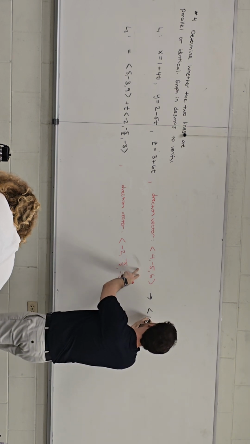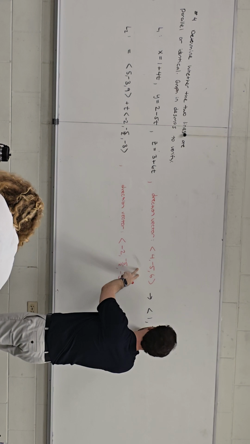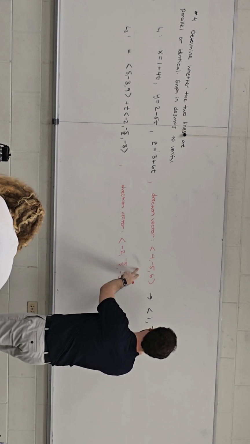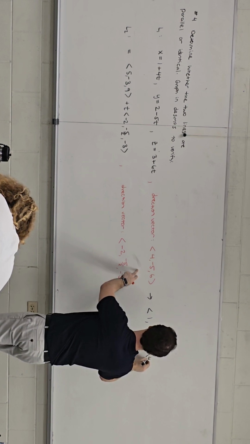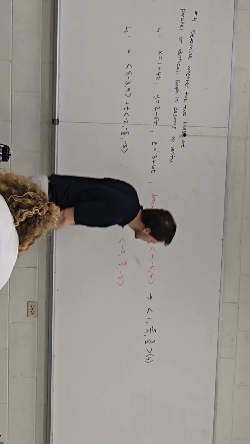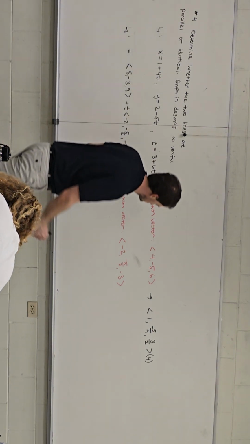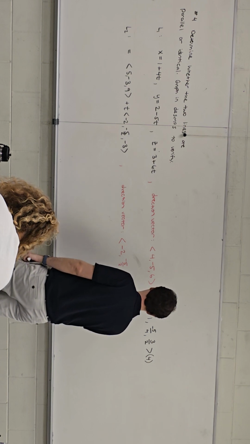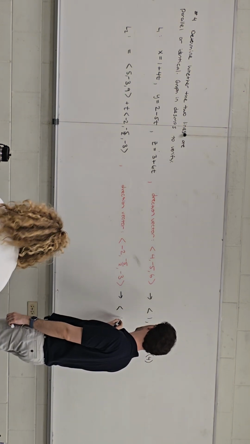So I'm going to divide everything in this top vector by 4. And then this is being multiplied by 4. Here, divide everything by -2.